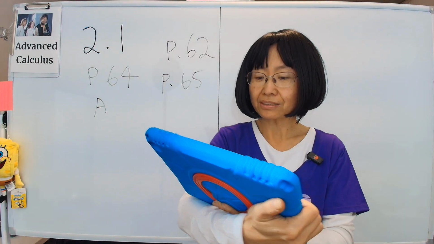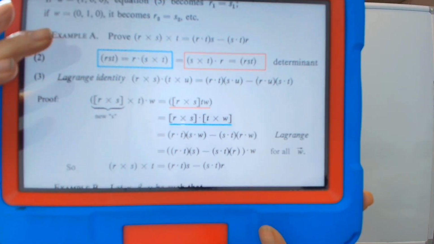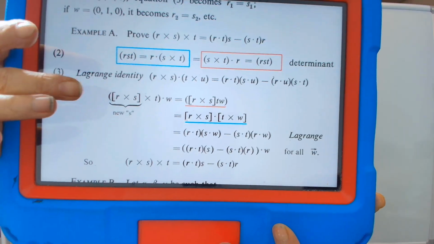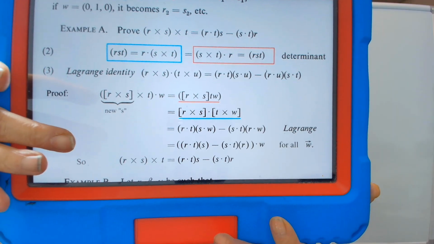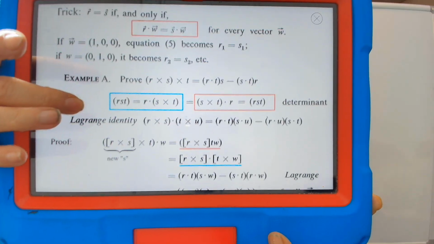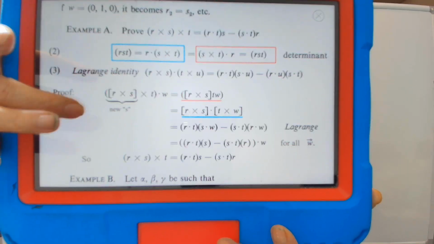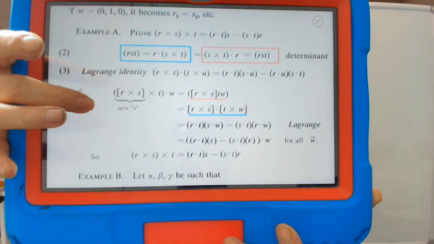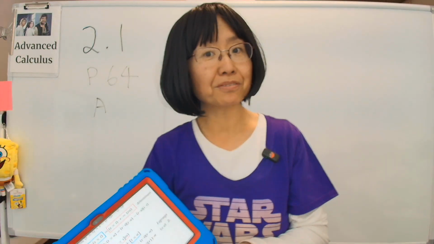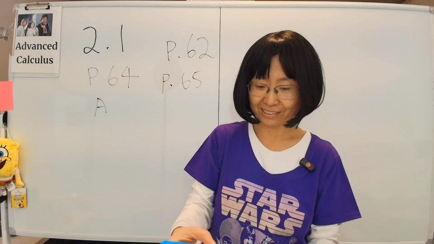So we factor out the W, and then we have this equation proved for all W: the left side dotted with a random W is the same as the right side dotted with a random W. Therefore, by our previous trick, if dotting with a random vector always gives the same result, then the two vectors are the same. And that's how we proved example A, the triple cross product.